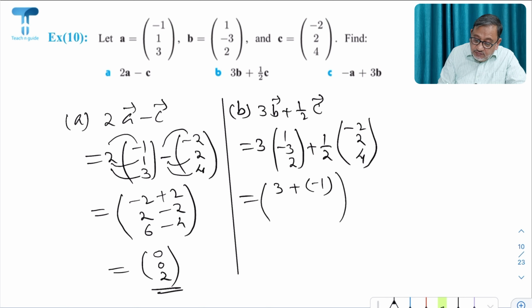Then -3 times 3, and half times 2 is plus 1. Then 2 plus half times 4 is 2. Half times 2 will be 1, then half times 4 will be 2. Okay. So after simplification, I am going to get 3 minus 1, 2. Minus 3 plus 1, minus 2. 2 plus 2, 4. So this is the answer.